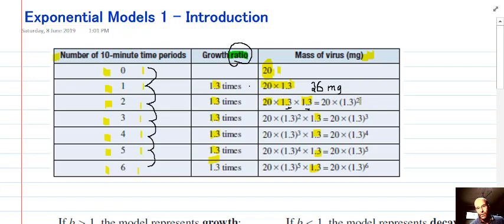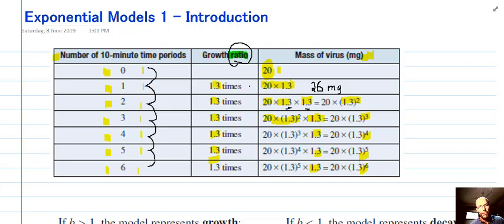So that's 20 times 1.3 squared. It's just building on that. 20 times 1.3 squared times another 1.3 is the next lot. That makes cubed, and so on. So we have an index building there. So it's clearly an exponential function.